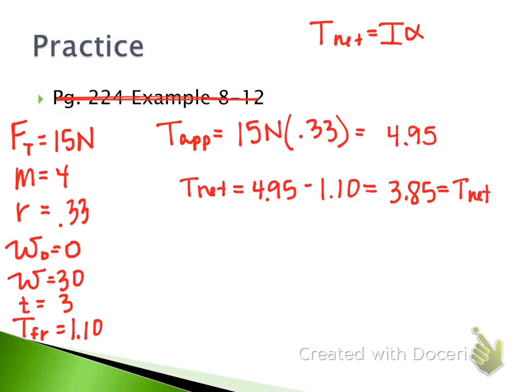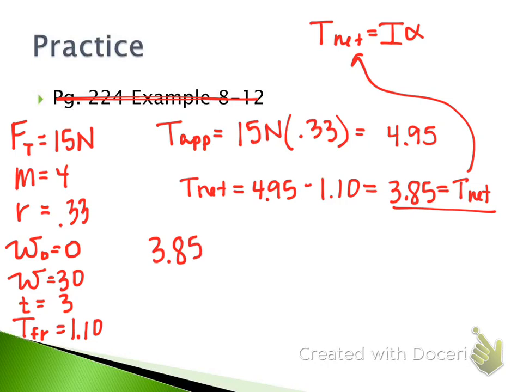The reason we can't just solve moment of inertia using mass and radius is because they threw in that frictional torque wrinkle, right? That's the only reason we couldn't just solve for that, because there's some friction that's affecting our moment of inertia. So now we're going to take this net torque and plug it in up here.